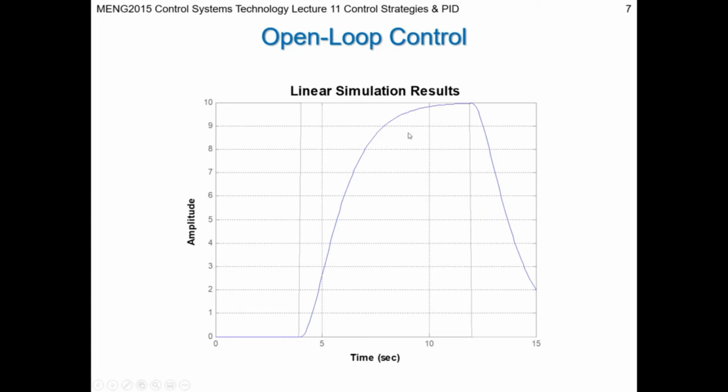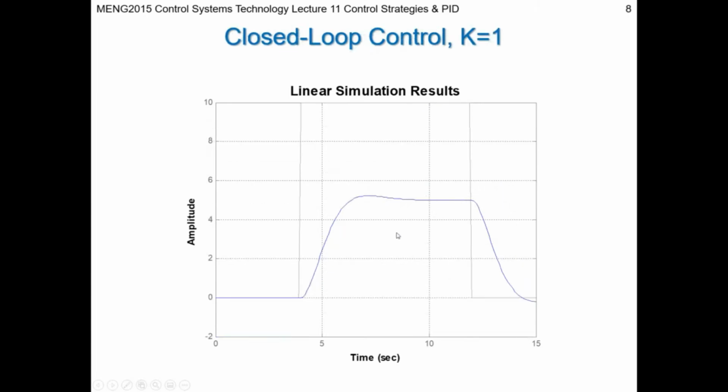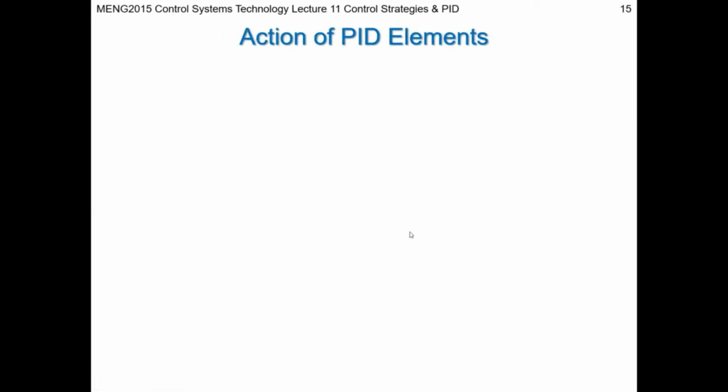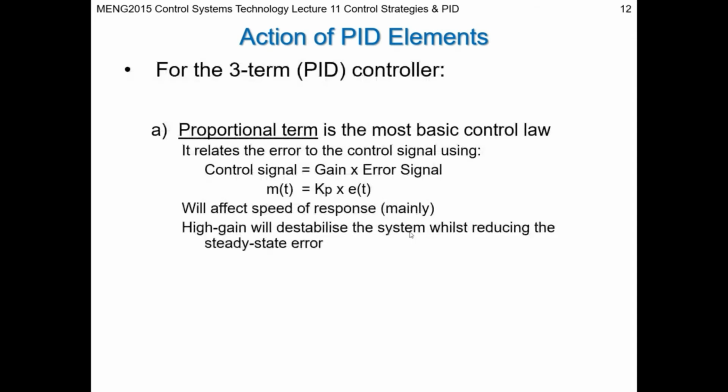When you have no open loop, you have no overshoot. This one has a very slight overshoot. As you're increasing the gain, you get a slightly higher overshoot and a slightly longer settling time. So that's something to be borne in mind. So high gain will destabilize the system whilst reducing that steady state error.